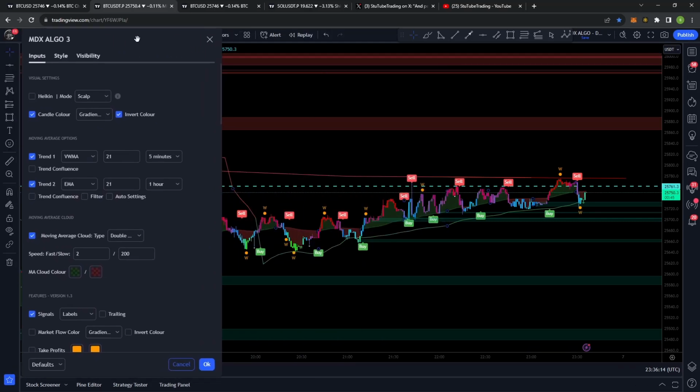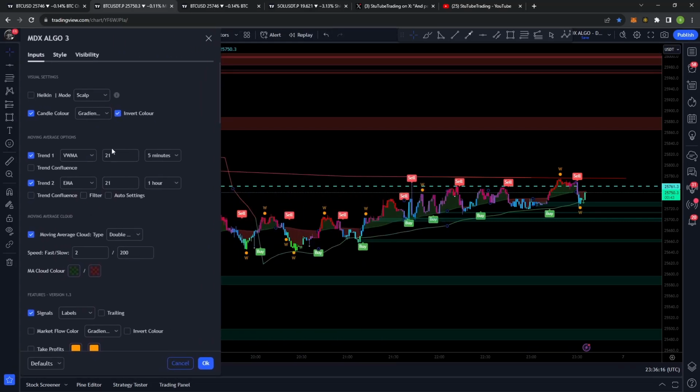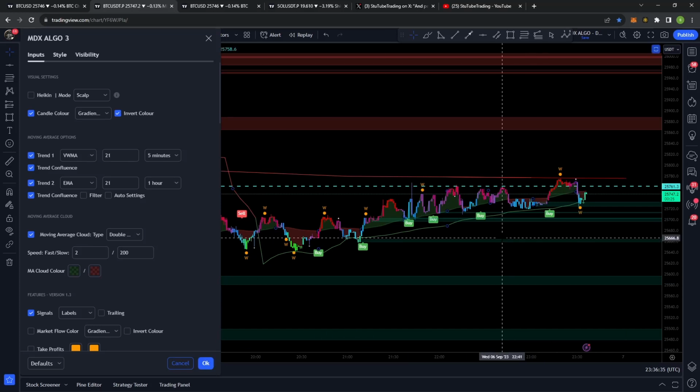Something else you can do with this is you can filter out a lot of this, as well as select some auto settings. So basically, if I check trend confluence, I just want to see what happens when they're both checked here. I haven't checked on the 1 minute for a while.